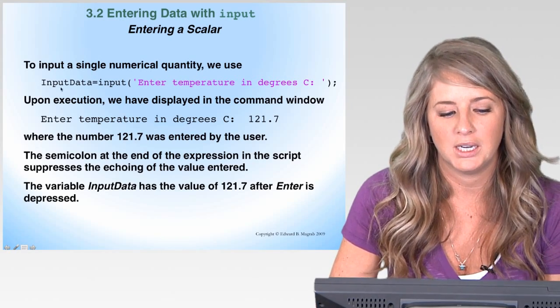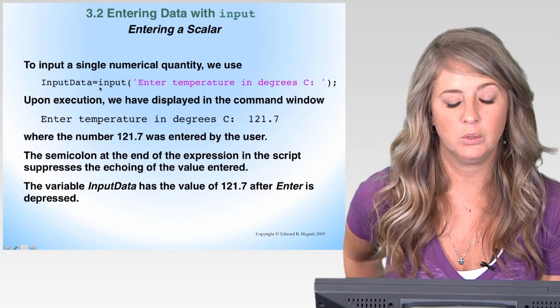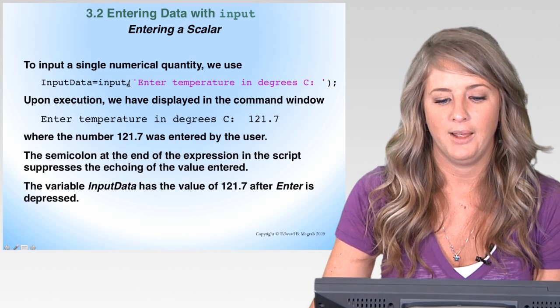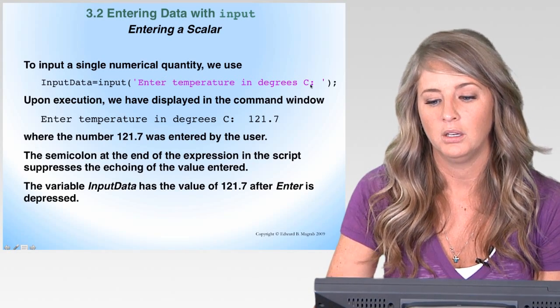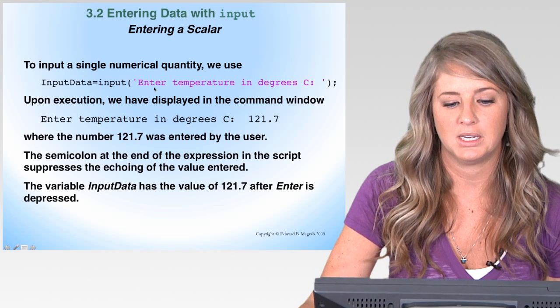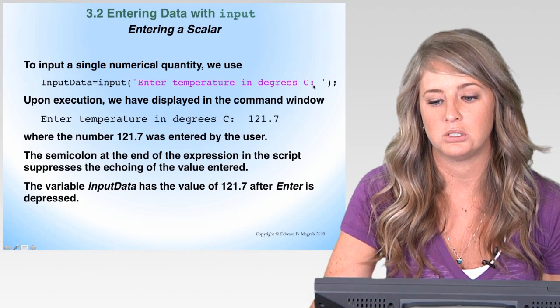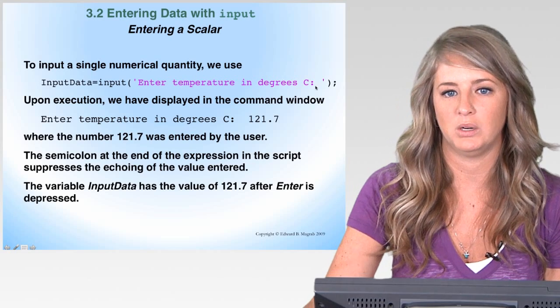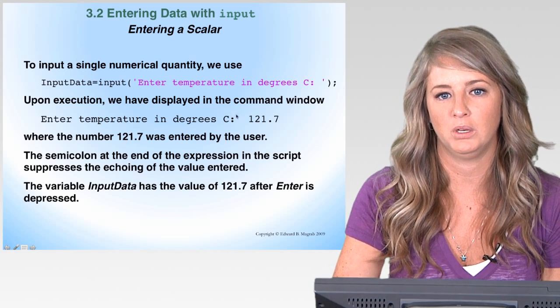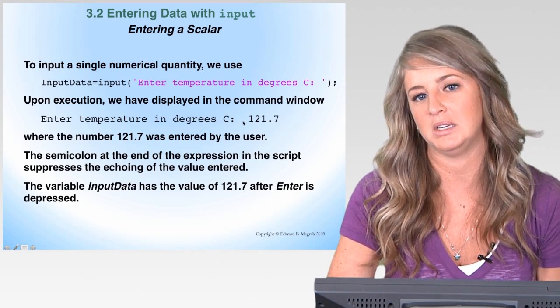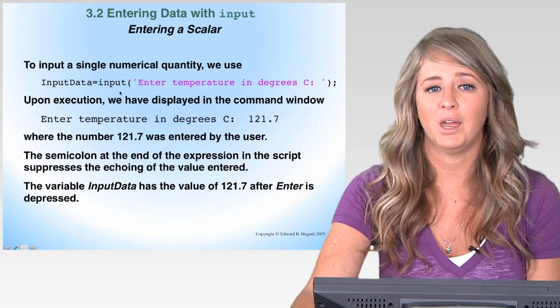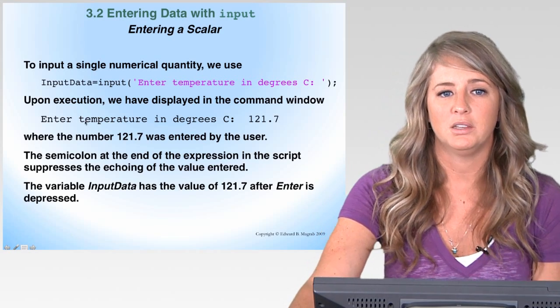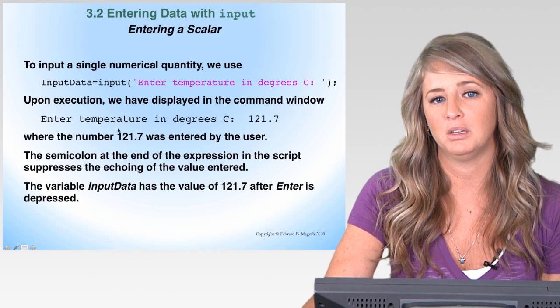In this particular case, we did inputdata equals input, and then you use this string. Your string can say whatever; in this case, it says enter temperature in degrees Celsius. The space here is just because when it displays in the command window, it gives a space for readability. So when you execute this code, this is what is going to show up in the command window.